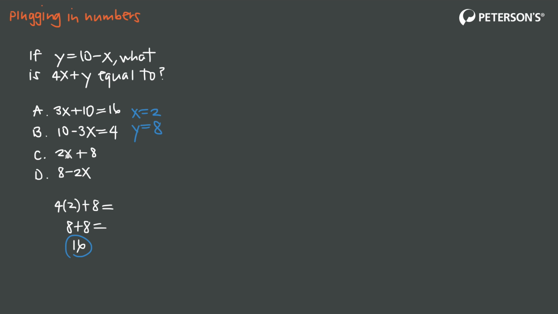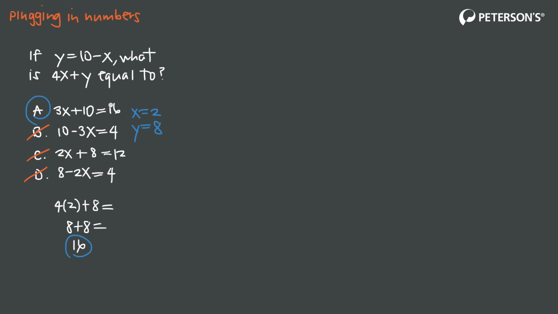Here we get 2 times 2 is 4, 4 plus 8 is 12. And here we get 2 times 2 is 4, 8 minus 4 is 4. We were looking for the value of 16. This is 4, this is 12, this is 4. So we can eliminate these answer choices, and answer choice A has to be the correct answer choice.